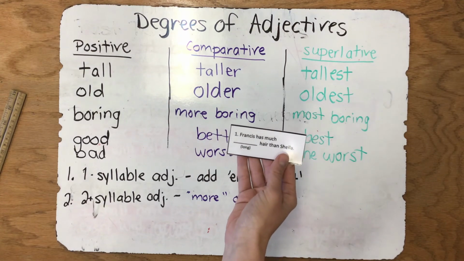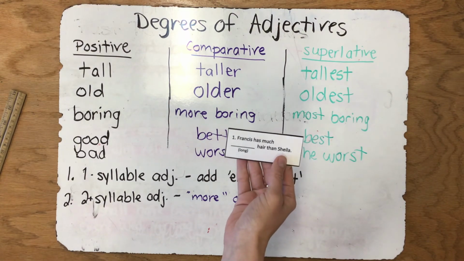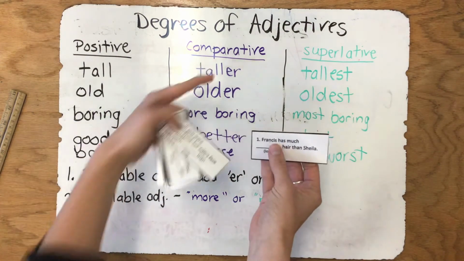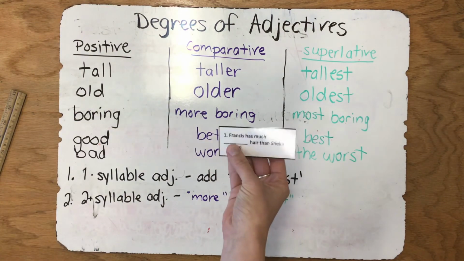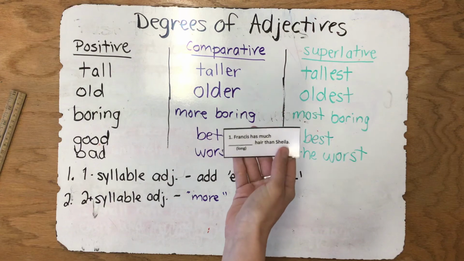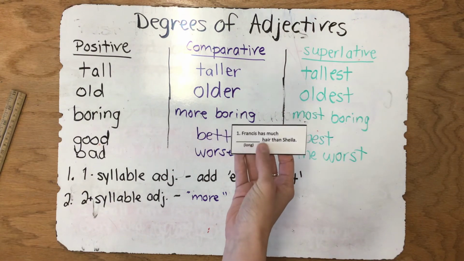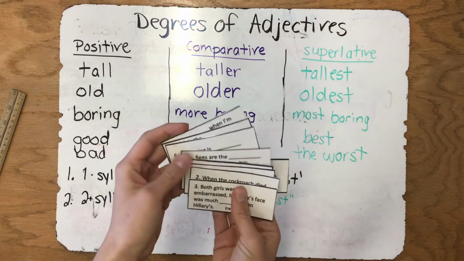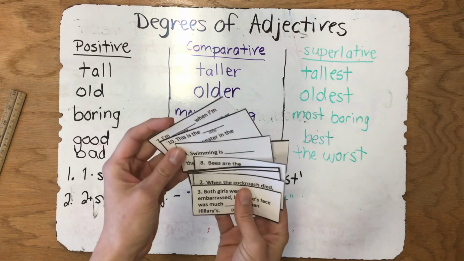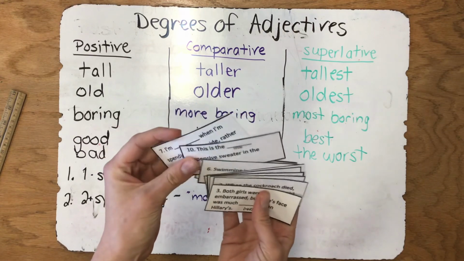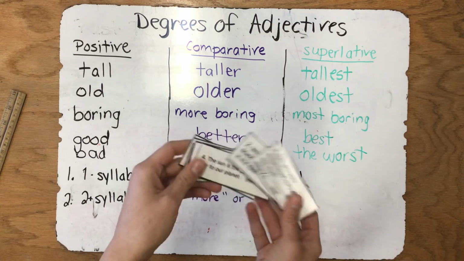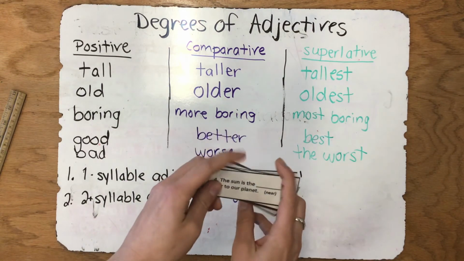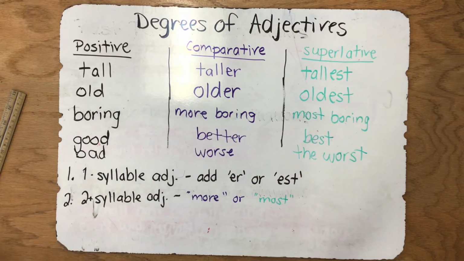Since we're comparing 2 people, we would use the comparative. So we'd say Francis has much longer hair than Sheila. So we'd write longer. So I'd like you to write these in your language notebook. I believe there are 10 of them. Just short little sentences.